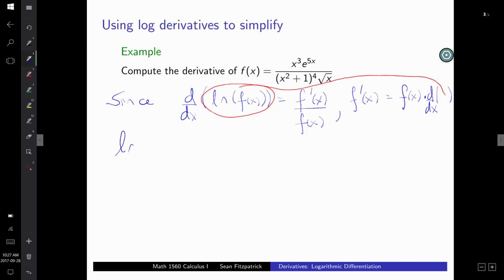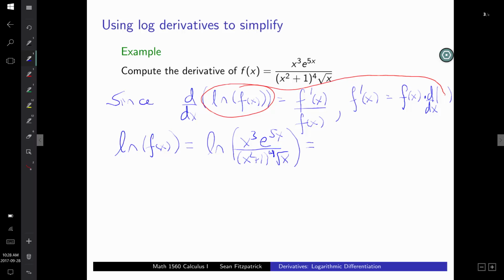So the natural log of f of x, okay, so I get the log of x cubed e to the 5x over x squared plus 1 to the 4 times root x.